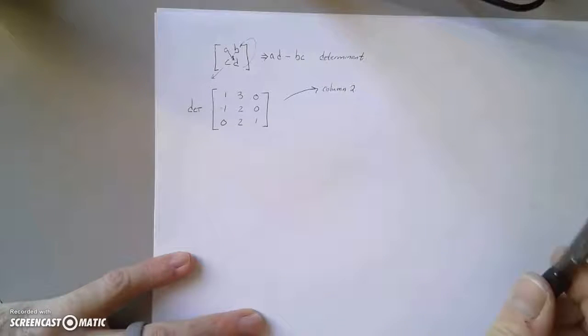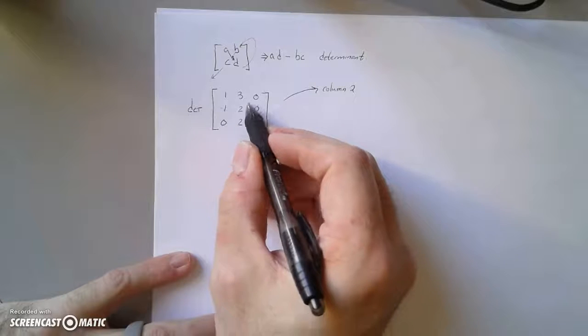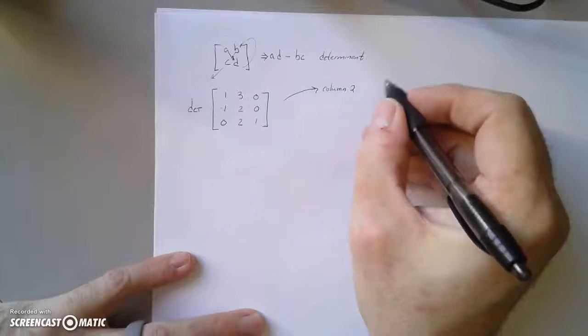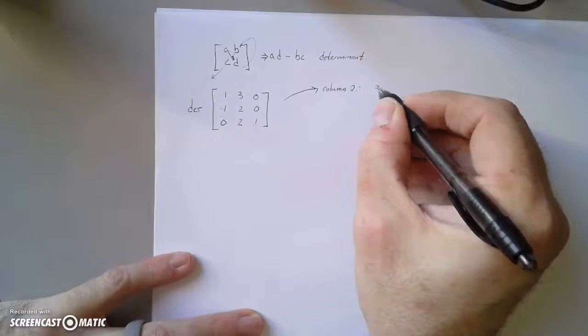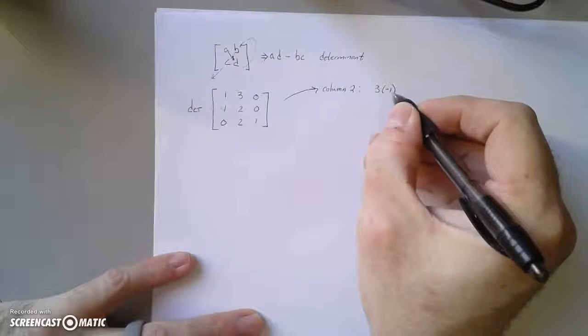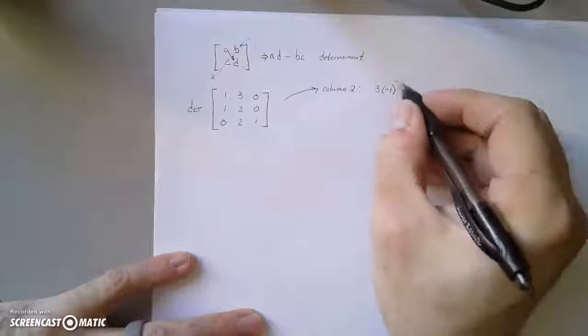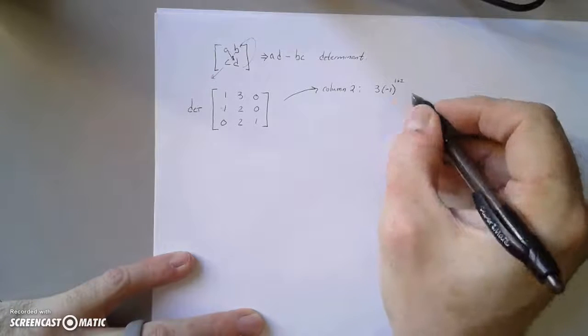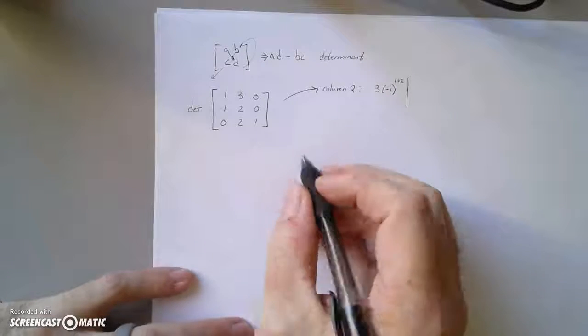For that, we're using these three numbers here. So we'll have a 3 times minus 1 to the power of its address, first row, second column, times a 2 by 2 matrix.